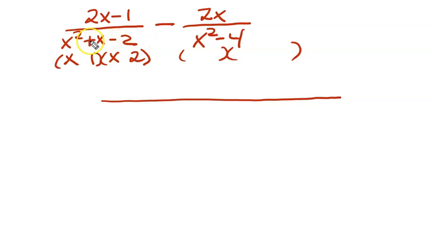Now here we need a positive sign in the middle, so this will be plus. This will be minus, and then the product of our last is a negative 2, and this checks out. Now here we see the difference of perfect squares, which will factor into their conjugates.